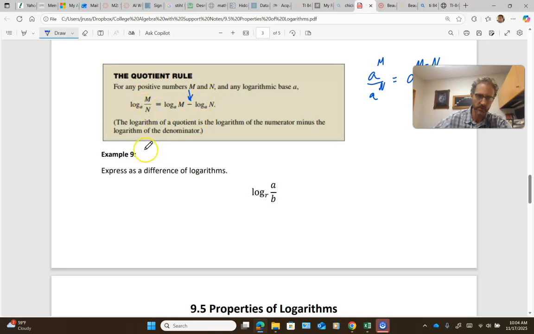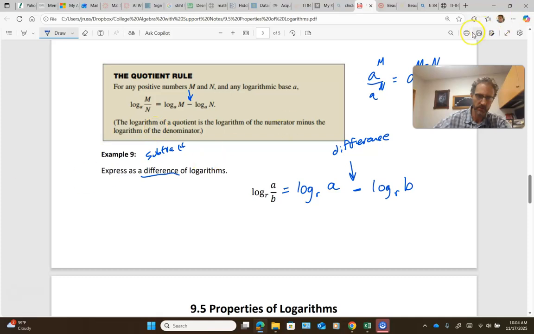So example 9 says express as a difference of logarithms. Well, that word difference, if you remember, means subtract. So this will become log base r of our numerator, which is a, minus log base r of our denominator, which is b.